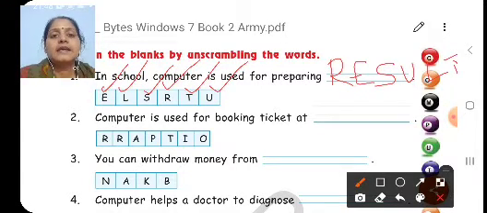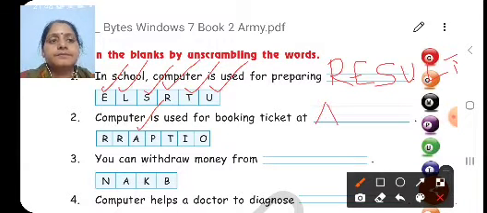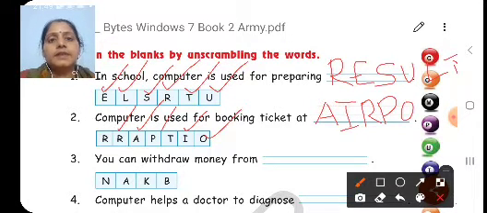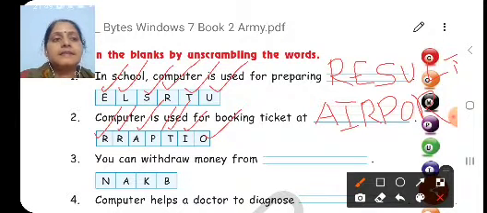So you will write here A. Firstly you will pick A from here and write here A. Then I, so you will write here I. Then R, P, O, then R, and the last letter is T. So this is airport.